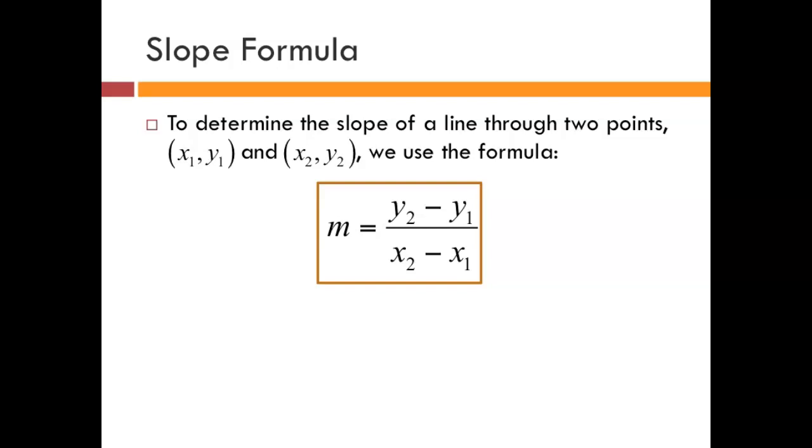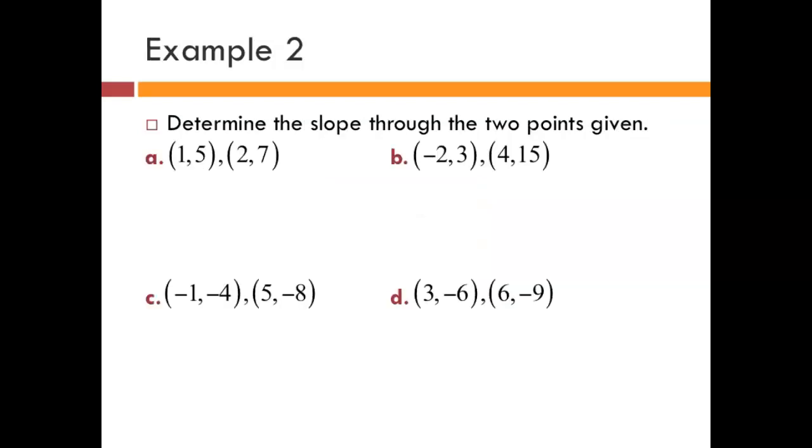All right, let's take a look at some examples. For each of these, you're given 2 points. I'm going to start off by labeling x1, y1 and x2, y2. Really it doesn't matter, as long as x1 is with y1 and x2 is with y2. It doesn't matter which one you make the first point and which one you make the second point.